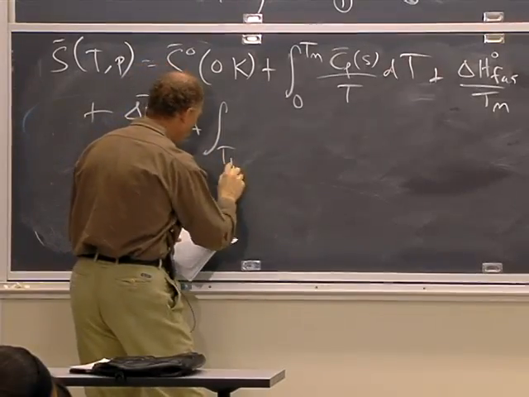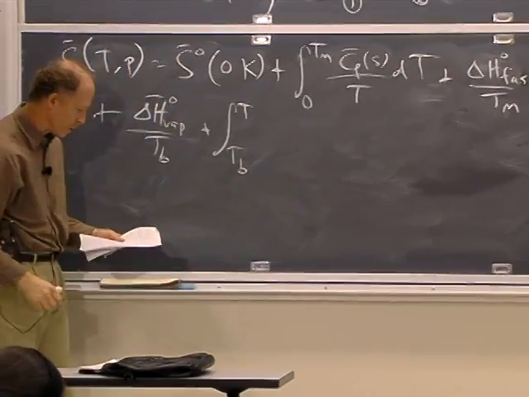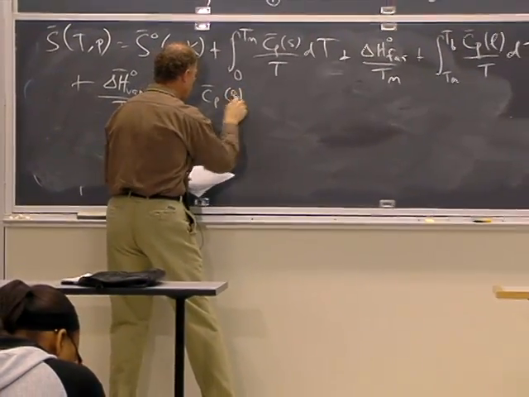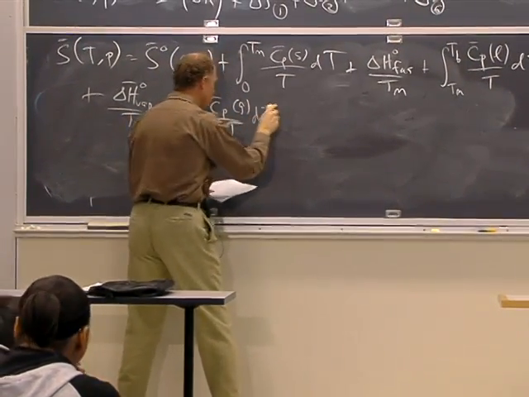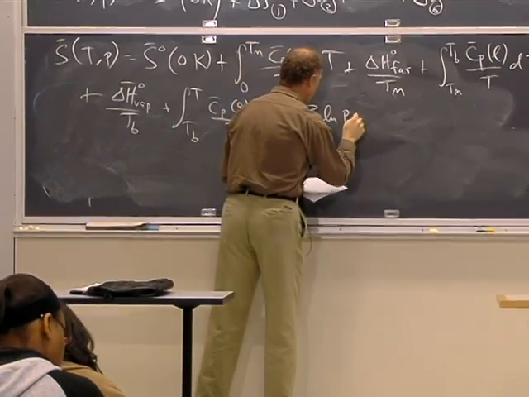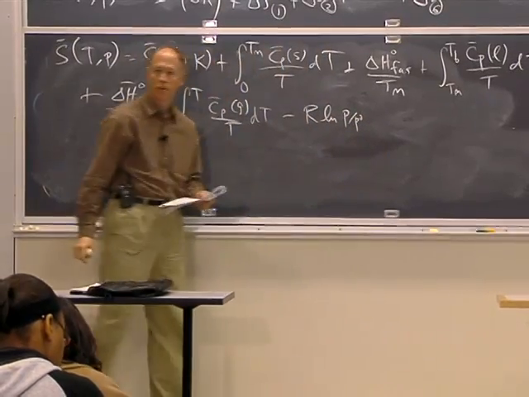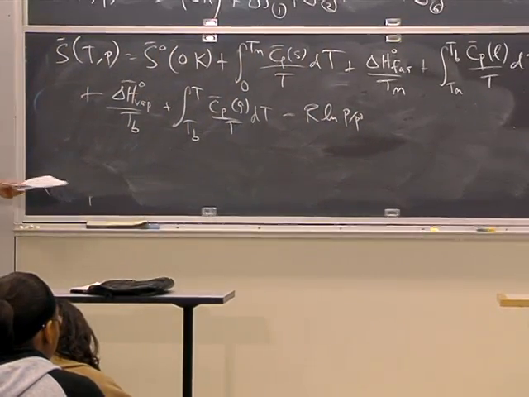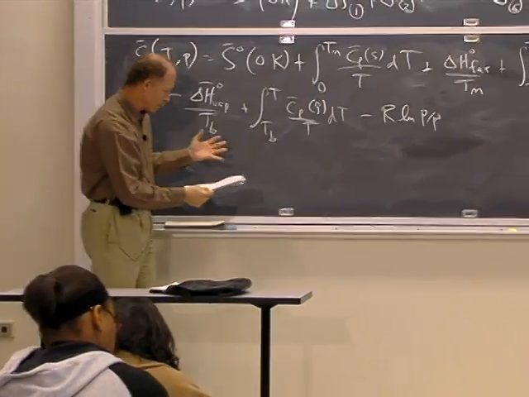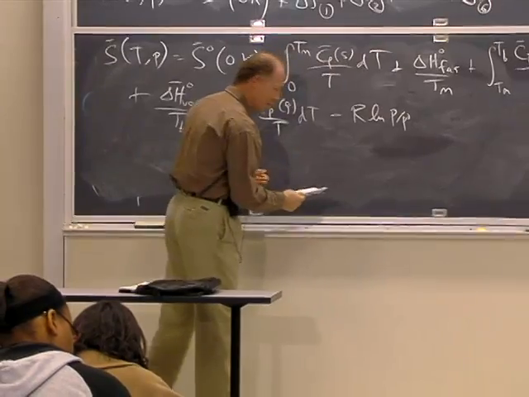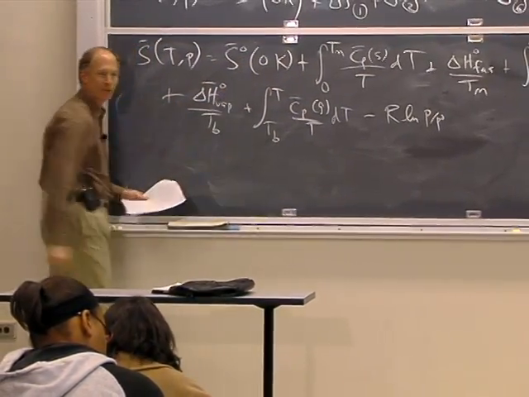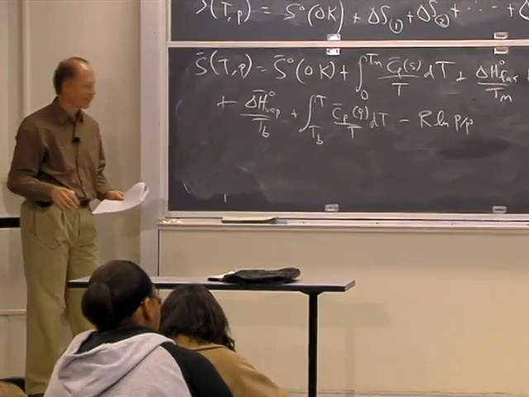Then we can go from the boiling point to our final temperature T. Now it's the molar heat capacity of the gas over T dT minus R log P over P naught. Okay? So that's everything. And these are all things that we know how to do, just about. This one we're going to have to think about. But all the changes we know how to calculate.